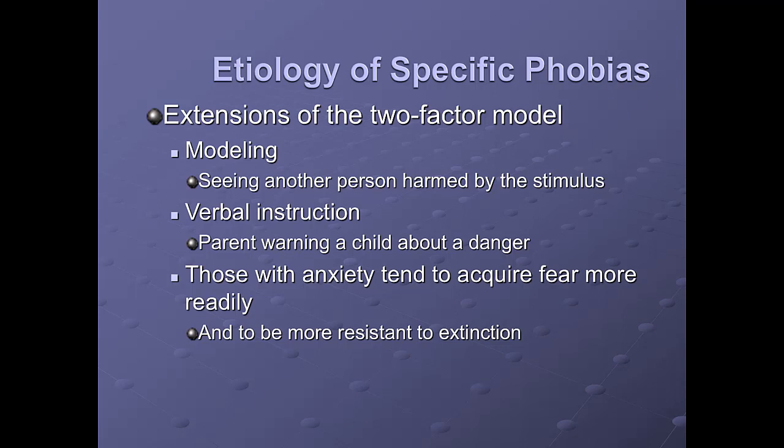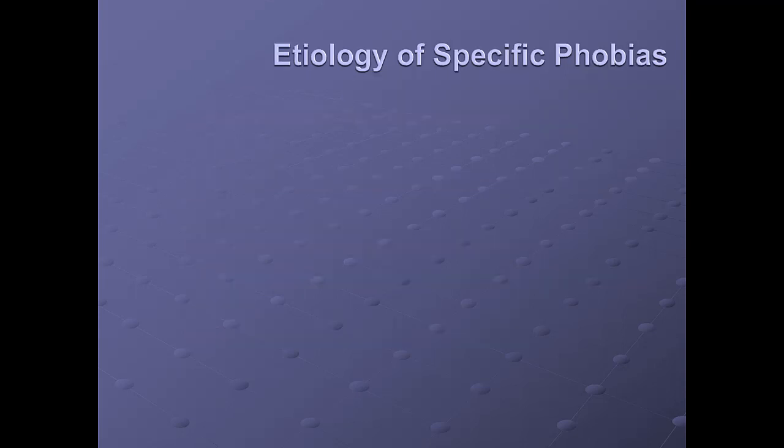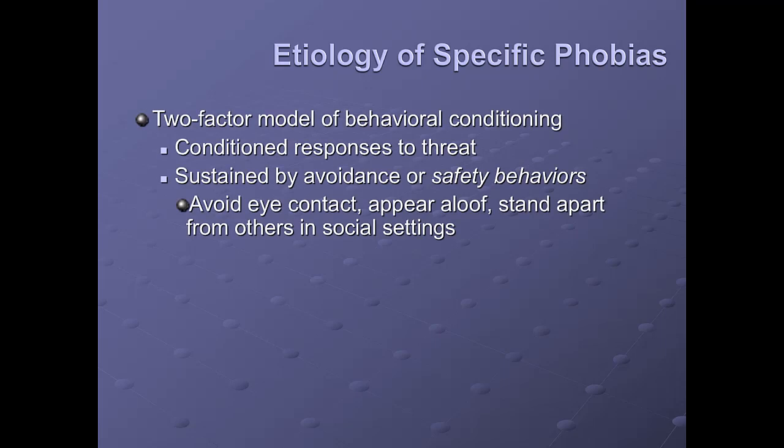It stays connected. So when we think about phobias and we take a diathesis approach to that, we're going to look at this two-factor model of behavioral conditioning. We're going to look at these conditioned responses to threat and the sustained avoidance, or these safety behaviors that individuals engage in. And we're going to connect that up to biological vulnerabilities.